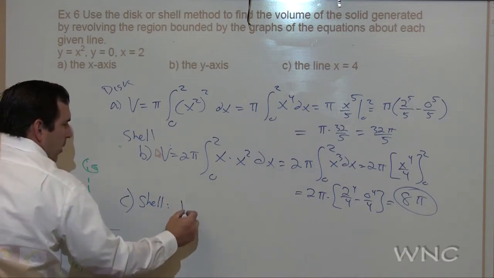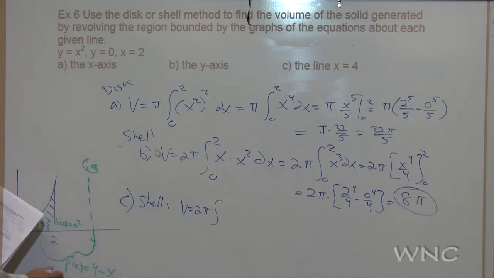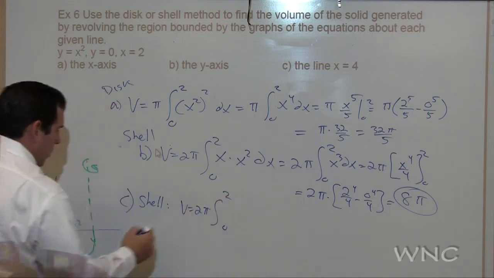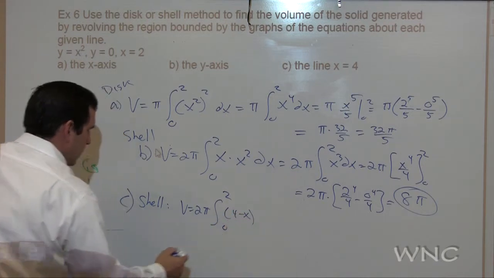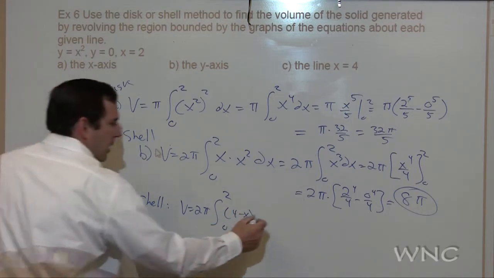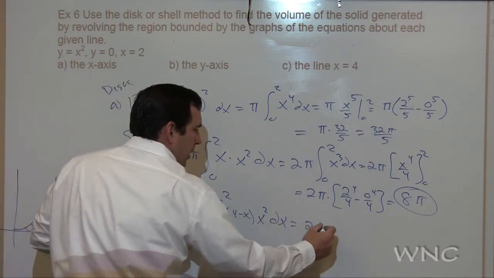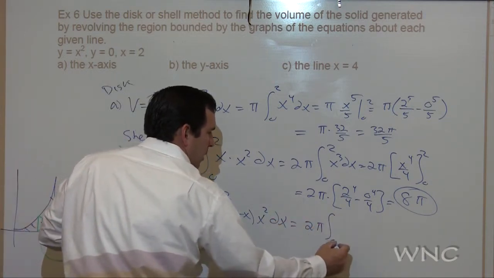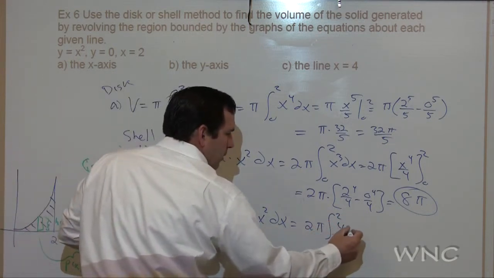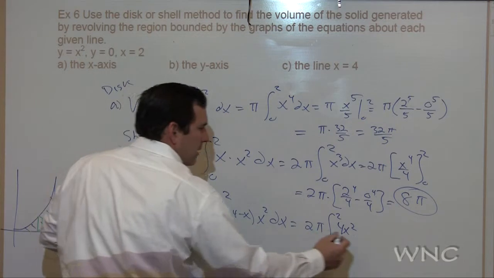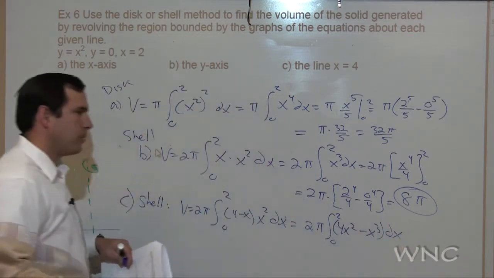And that's going to be volume is 2 pi times the integral from 0 to 2 of p of x, which is 4 minus x, times h of x, which is x squared, dx. So it's 2 pi times the integral from 0 to 2 of 4x squared minus x cubed dx.